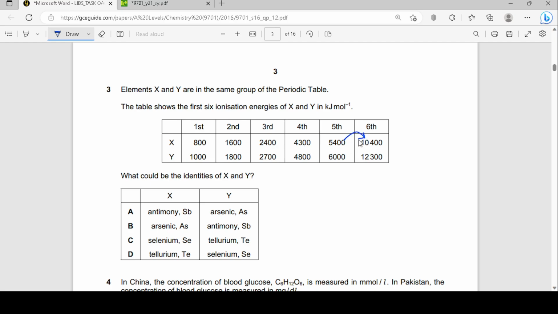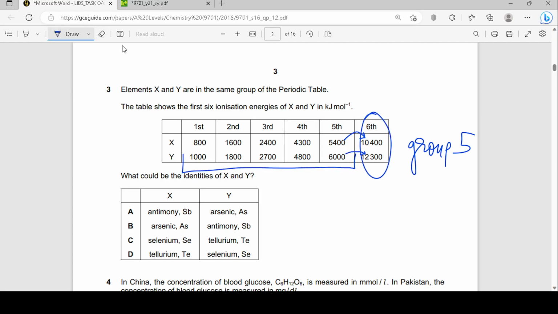A big jump at the sixth ionization energy, and even in Y there's a big jump from 6,000 to 12,300. So X and Y must be in group 5 of the periodic table, because there's a large jump between the fifth and sixth ionization energies, which means the sixth electron was lost from an inner shell.